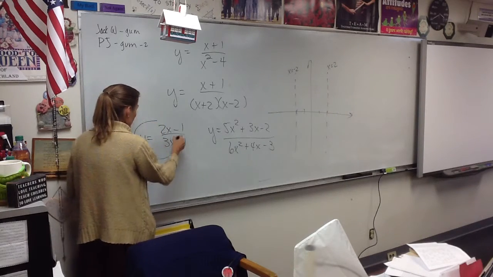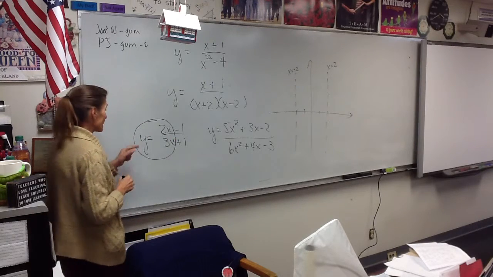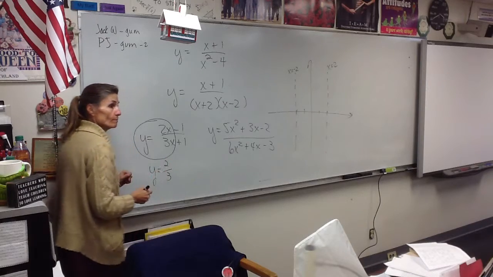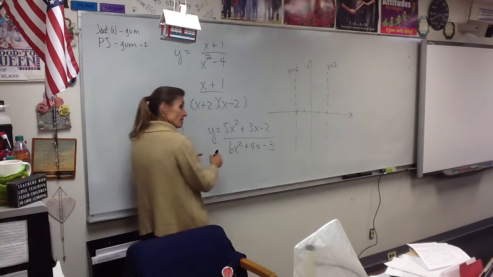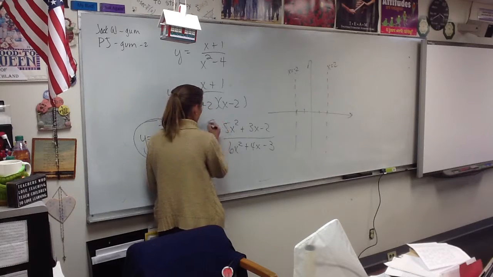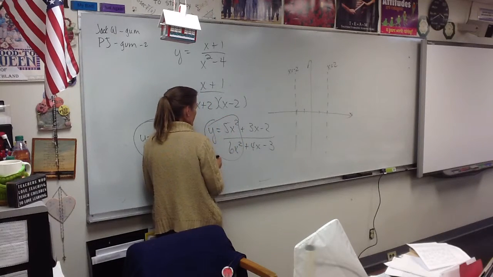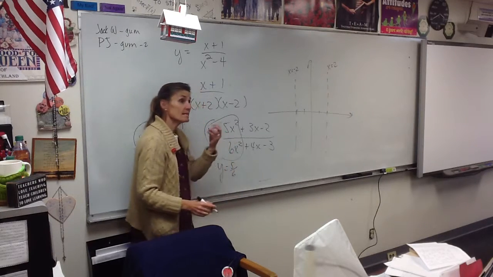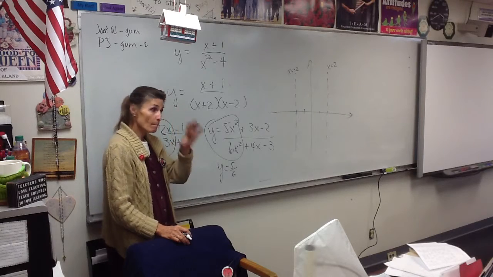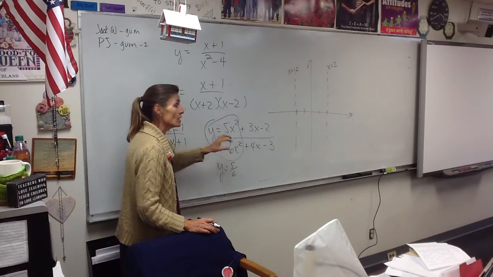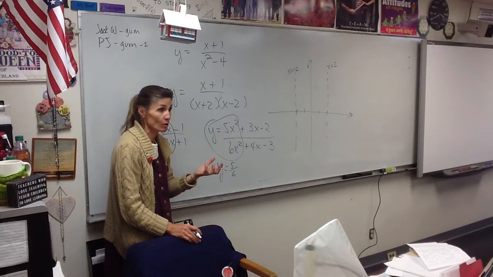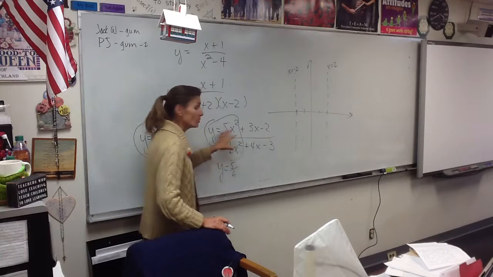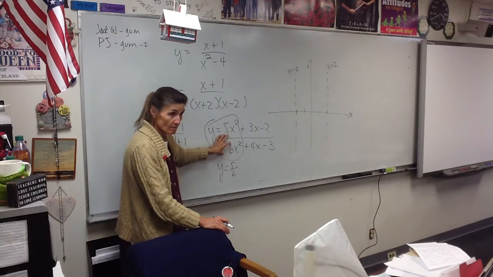You would circle this part of the problem right here and say the horizontal asymptote is where y equals 2/3. And if I said this one, where's the horizontal asymptote, you would circle this part of the problem and say y equals 5/6. Because what I didn't tell you before is when you compare to get your horizontal asymptote, you got to be using the biggest power in the problem. So this one has x's, but I don't use the x's. I only use the x squareds.